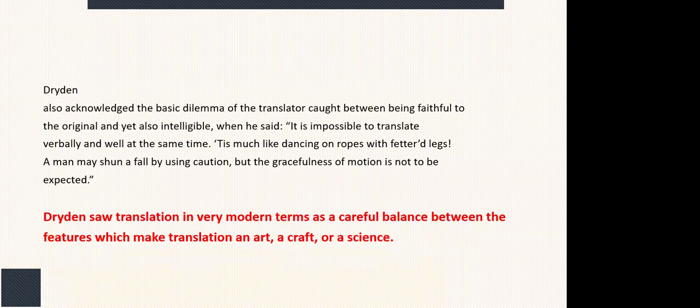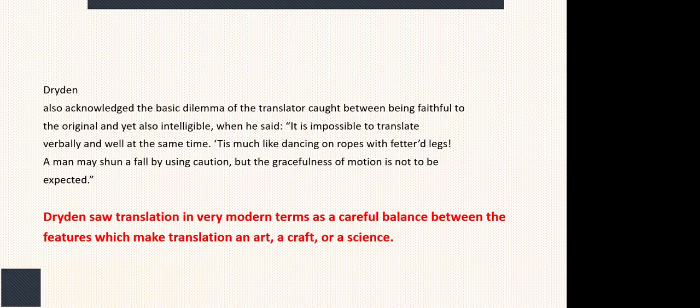So a man may shun a fall by using caution, but the gracefulness of motion is not to be expected. So literal translation can't go hand in hand with elegant writing, right? That's what it means. Dryden saw translation in very modern terms as a careful balance between the features that make translation an art, a craft, or a science.